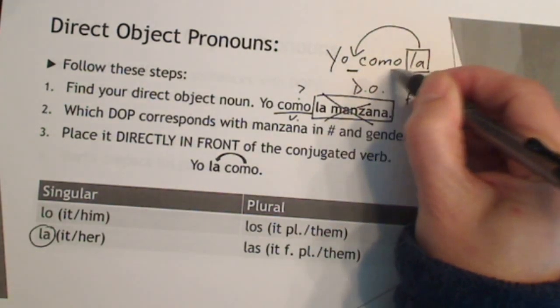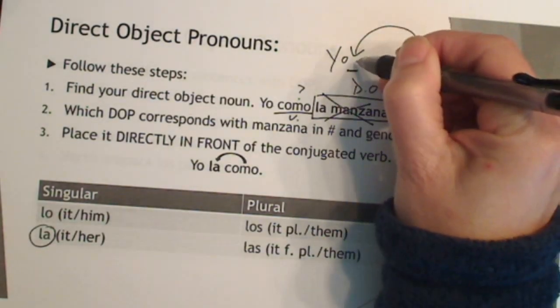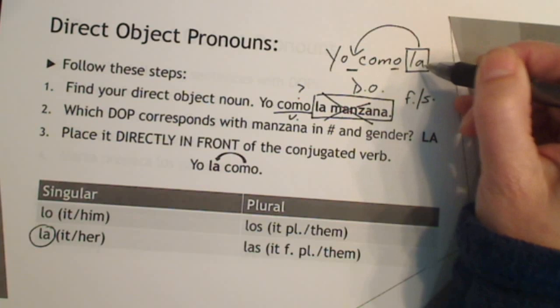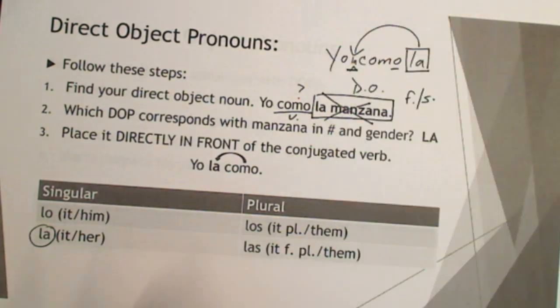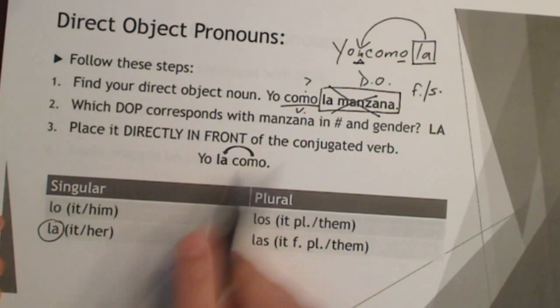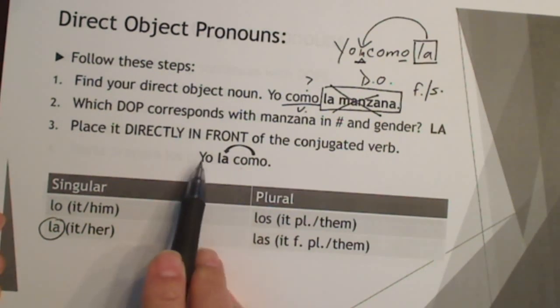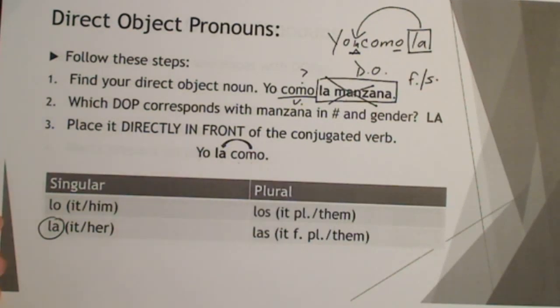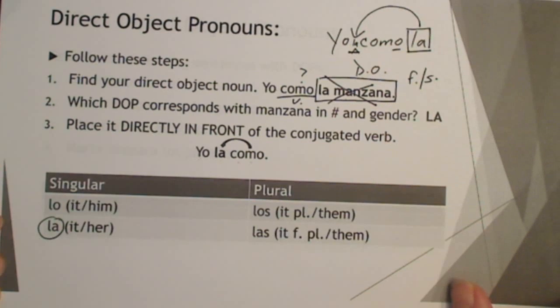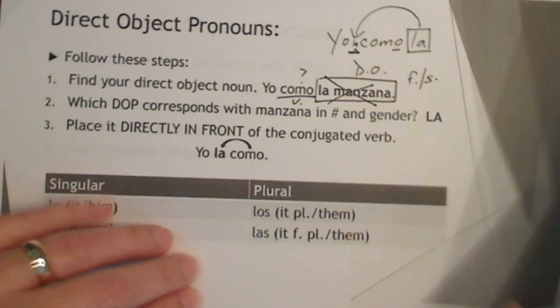In front of the conjugated verb. That is where it goes. So you cannot put it at the end. You have to put it right here, right there, okay? So if you did it right, it would be yo la como, which basically looks like I, it, eat. But I promise you that in Spanish, it is correct, okay?